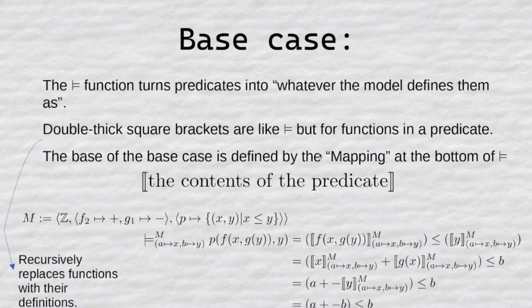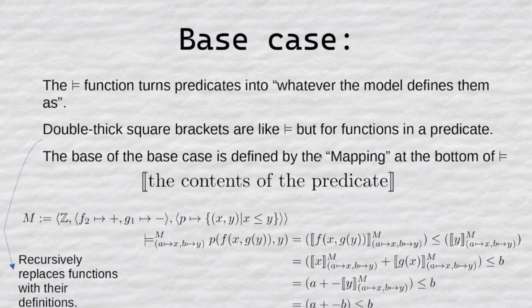This double square brackets is another recursive function, very confusing, which is very similar to the turnstile function, but instead it replaces functions in the signature with their definitions as given by the model, and then applies itself to the inputs to the function.